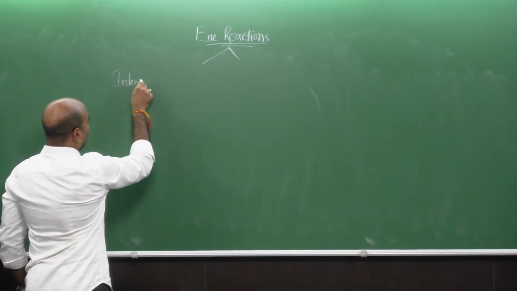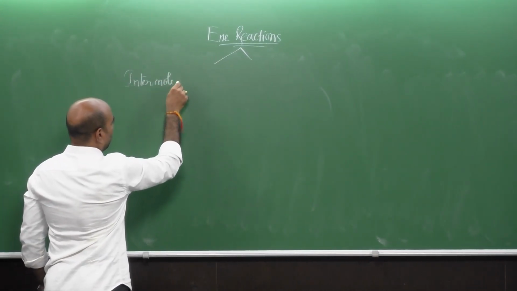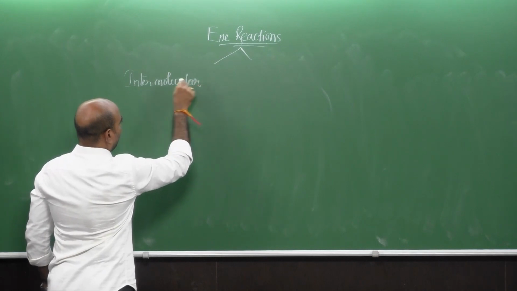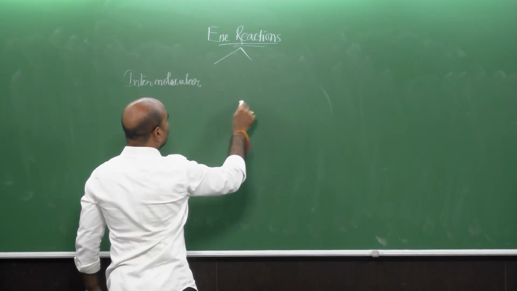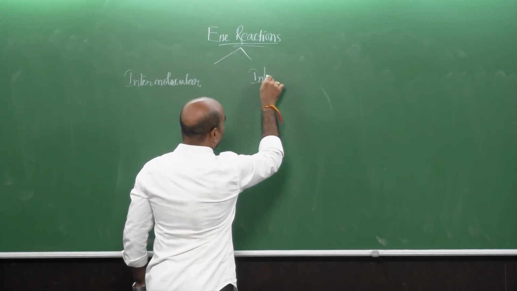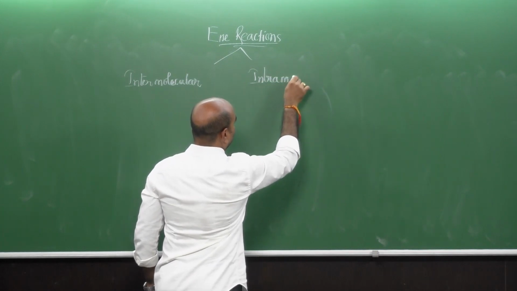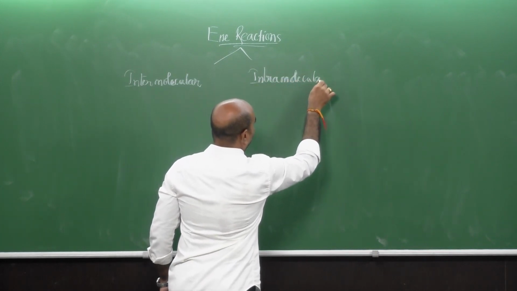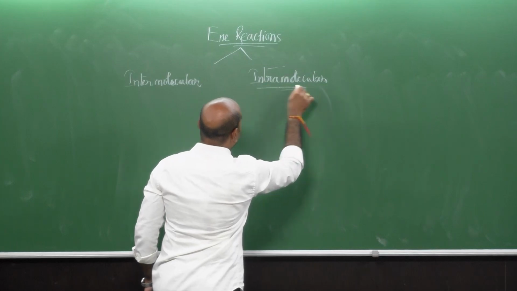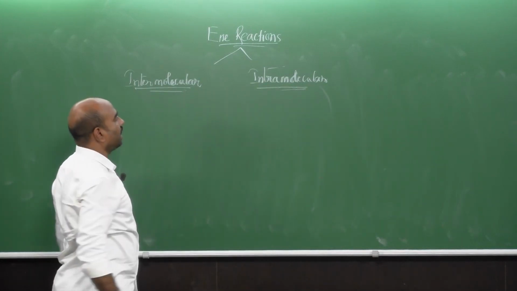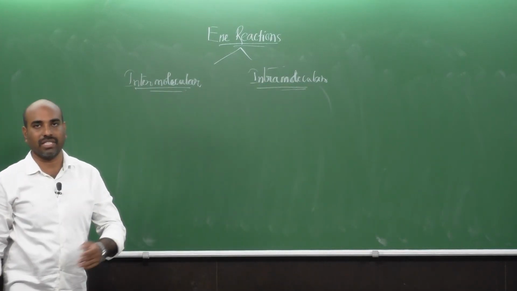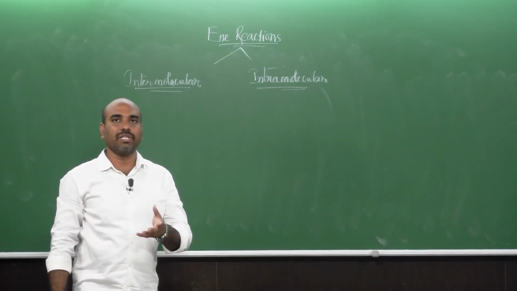One is intermolecular and the other is intramolecular. We will try to explain both the types of ene reactions, that is inter as well as the intramolecular reactions, with some examples.